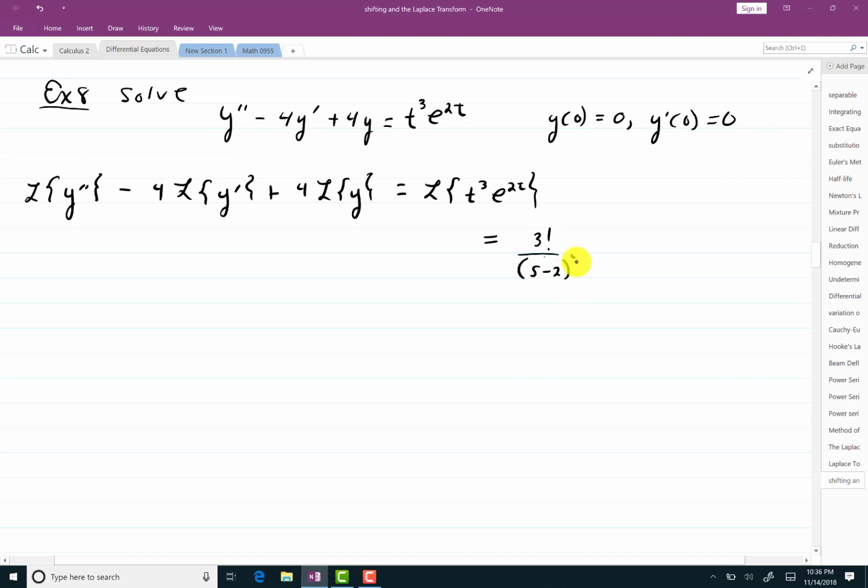Over on the left, we have the usual stuff. s squared capital F of s, minus s y of 0, minus y prime of 0, minus 4 times s F of s minus y of 0, plus 4 F of s.